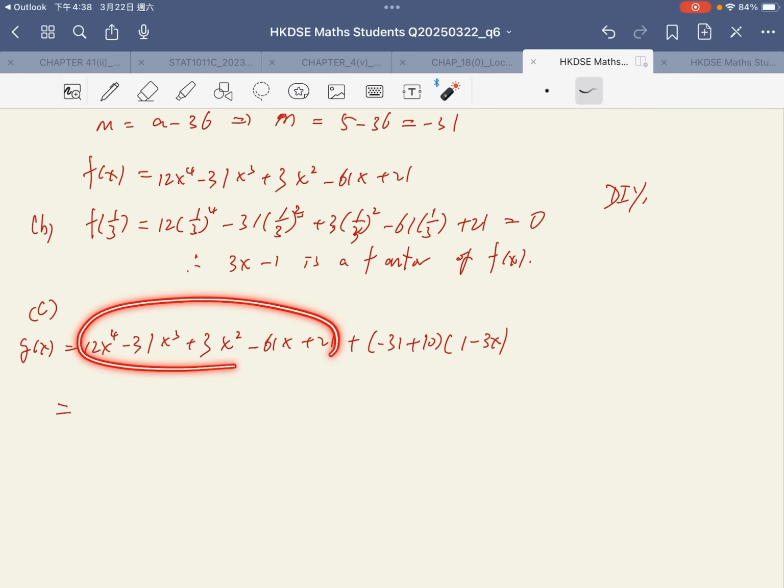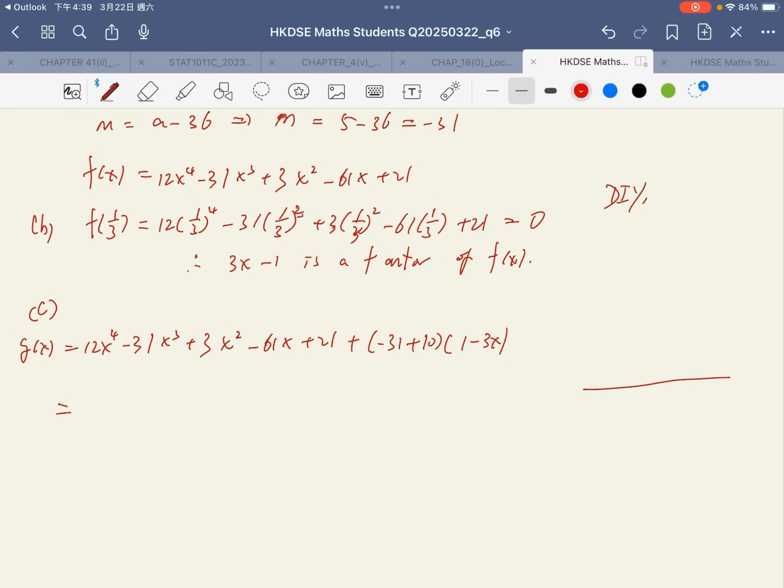To do this, we know a factor of this one is 3x minus 1. Therefore, I use long division, very long.